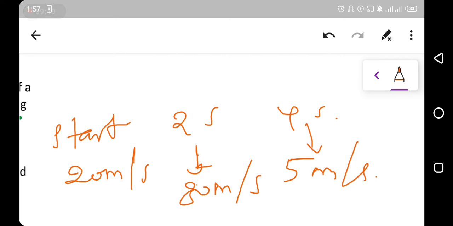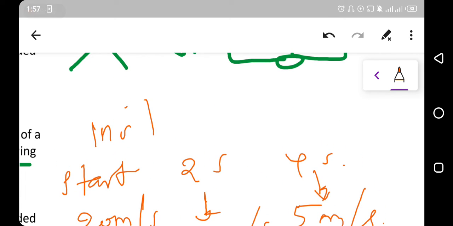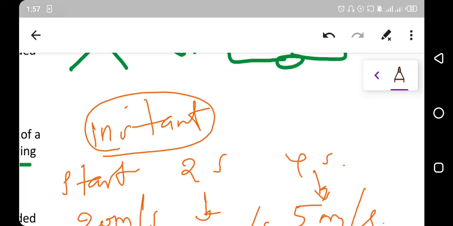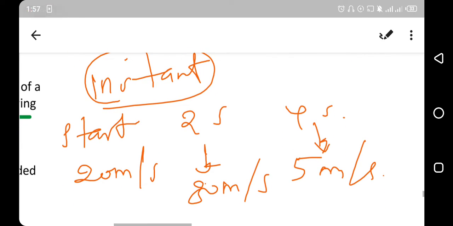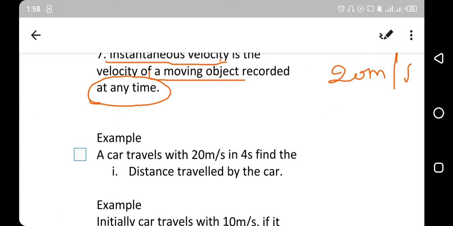So all these velocities we call the instantaneous velocities at instant. So these are the terms that we are required to know in velocity.